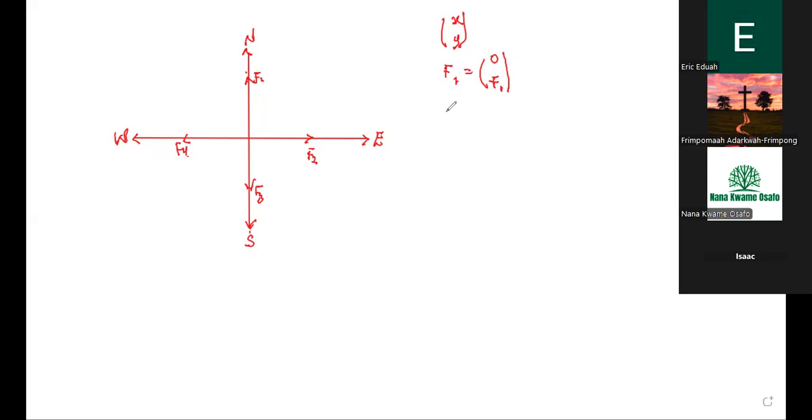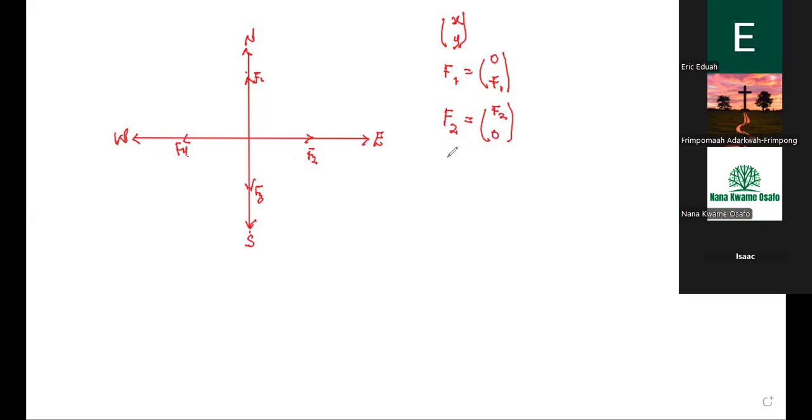F2, on the other hand, seems to be lying along the x-axis, or along the west-east axis. So it will have a certain horizontal component, but no vertical component. So X will be F2 and Y will be 0.